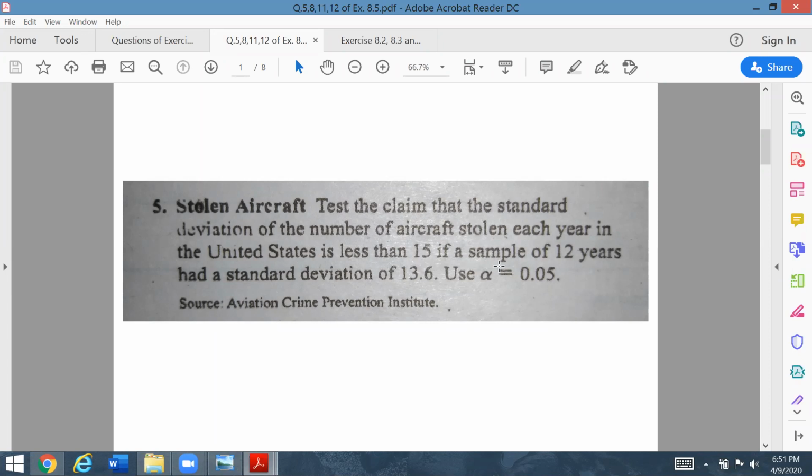Now he'll talk about the sample. What is the sample size? 12 years. N is 12. Had a standard deviation. Now, this standard deviation is of what? It is of the sample. And with which letter do you denote the standard deviation of the sample? That is S. So this is the value of S. This is the value of sigma.